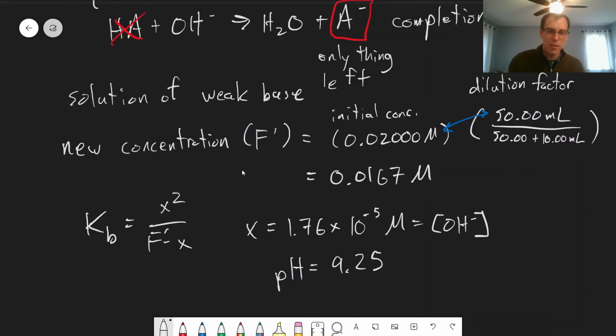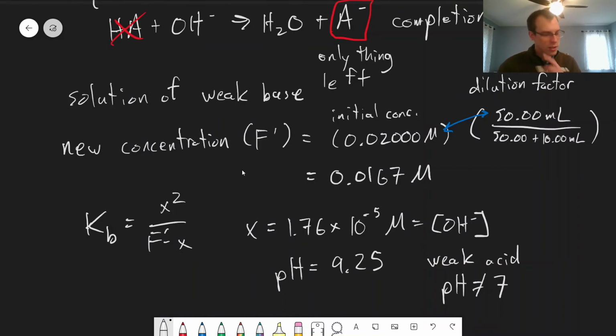So again, I'm skipping some steps here that you should already know how to do. So again, you can either find pOH and use the relationship pH plus pOH equals 14, or use the Kw expression. All right, and so this just goes to show that for a weak acid titration, the pH does not equal 7 at the equivalence point.